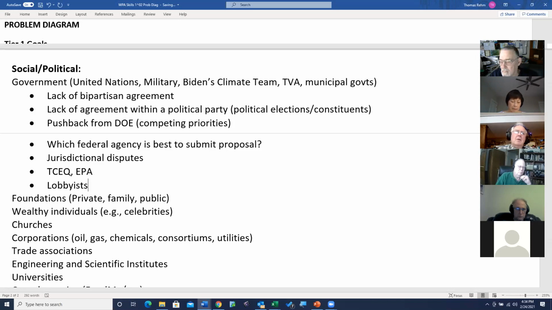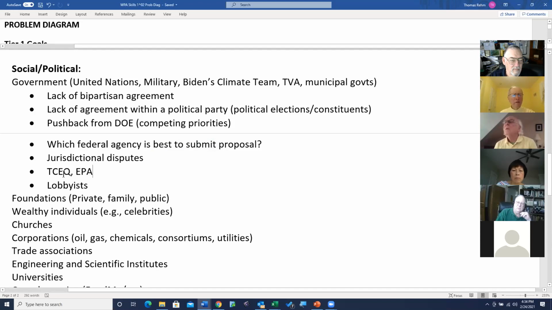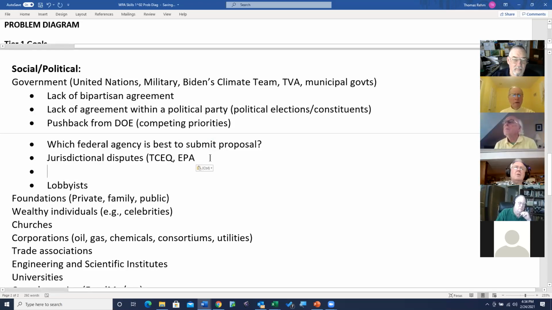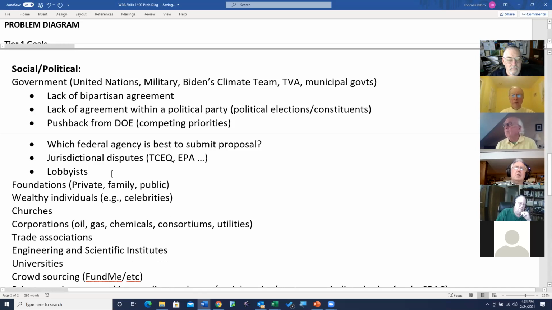TCEQ and EPA, a jurisdictional dispute or something separate? I don't know what that line means. It should be under here, maybe. I think jurisdictional disputes kind of captures that. I mean, we're talking government agency under jurisdictional, aren't we? Wasn't that the concept there? There is always conflicting people until they decide how to split the allocation of money.